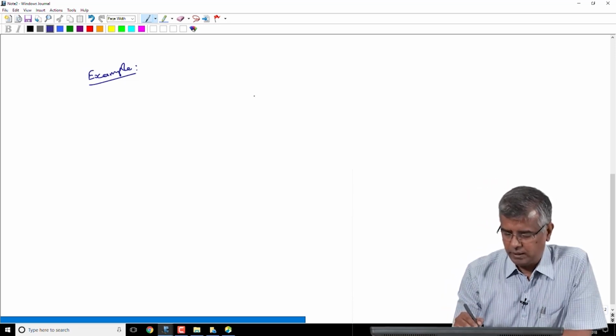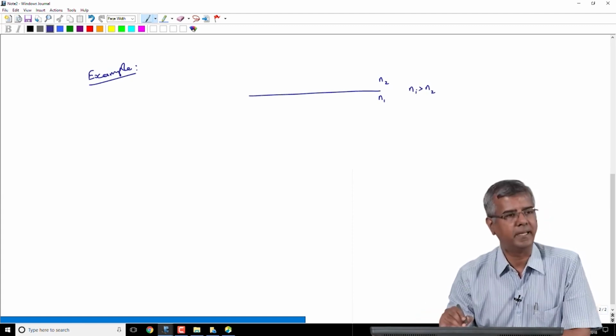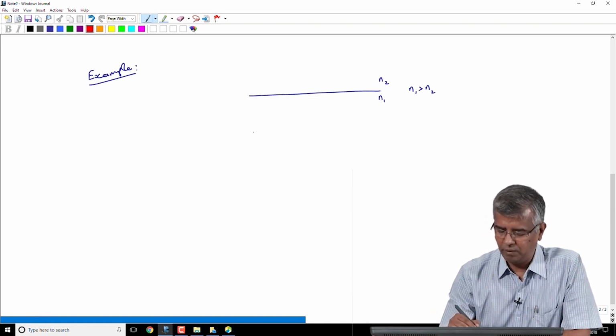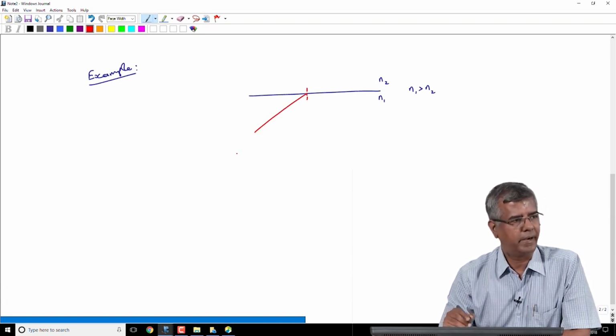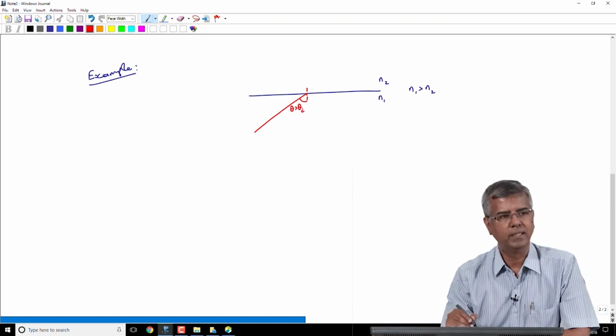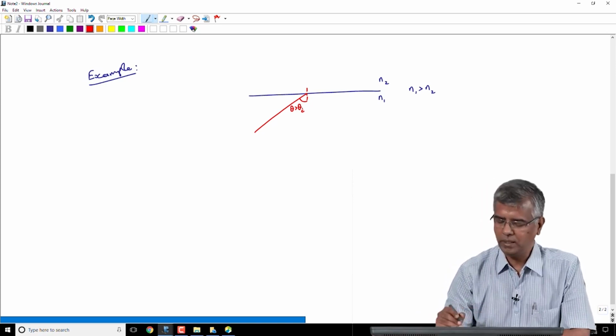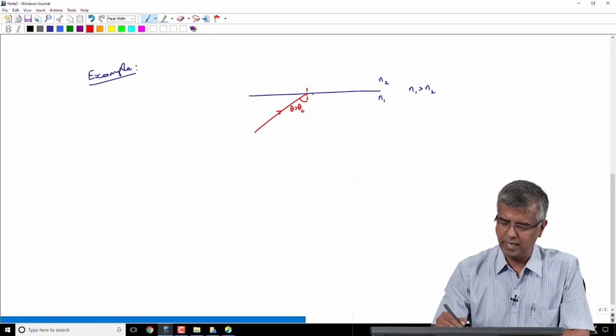So, let us say you have once again like we have done before, a medium with refractive index n1, another medium with refractive index n2 such that n1 is greater than n2, you are going from a denser medium into a rarer medium, and we saw that if we come in with a light ray at an angle theta greater than theta c, defined as sine inverse of n2 over n1, right. So, if we come in with that, what happens?